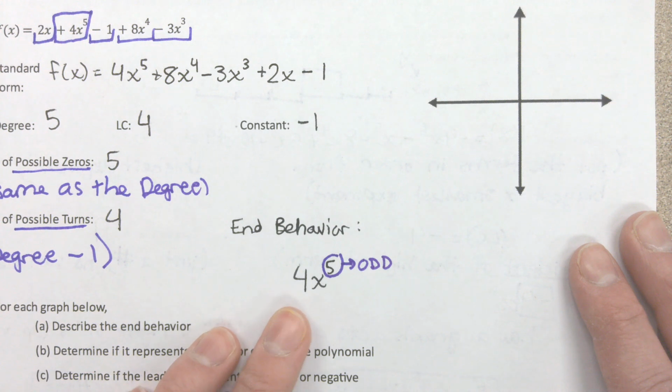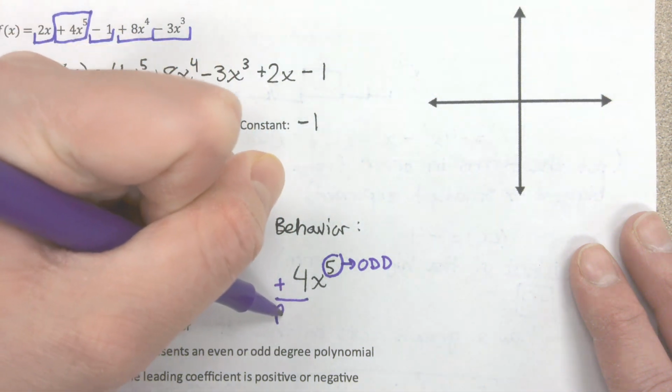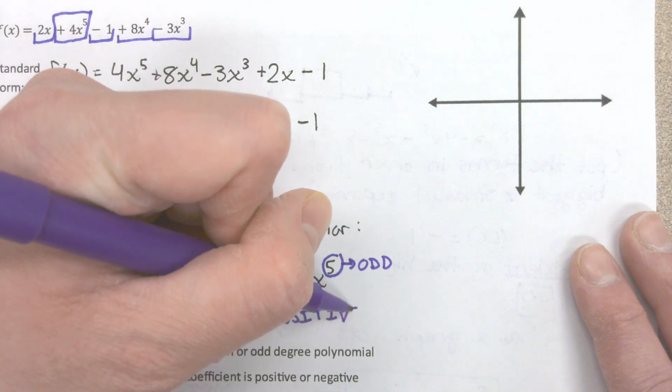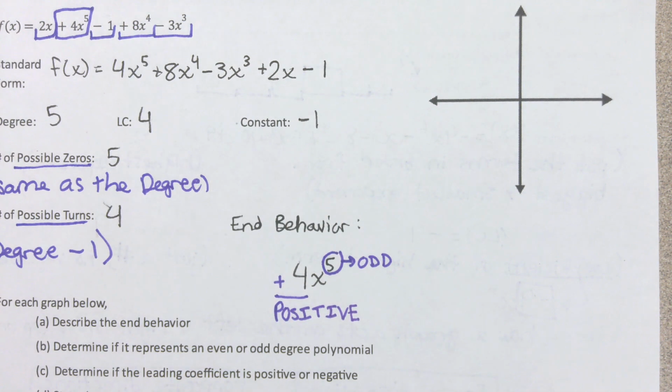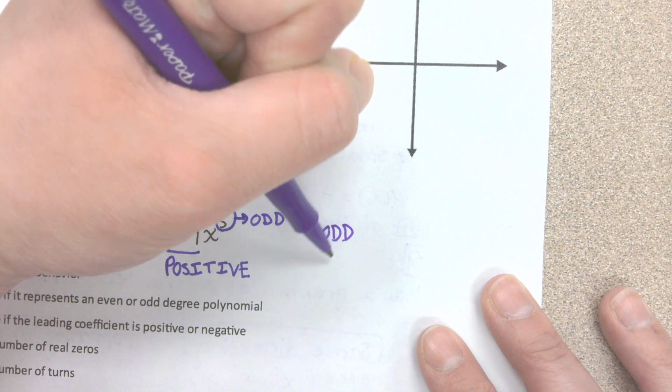And then the LC, the leading coefficient, 4, is positive. We don't care that it's an even number. We just look at whether it's positive or negative. So we have odd and positive.